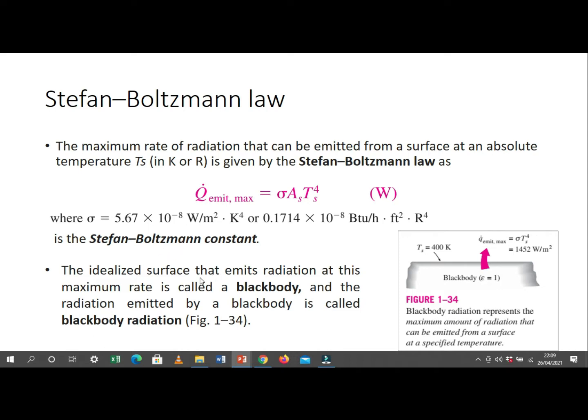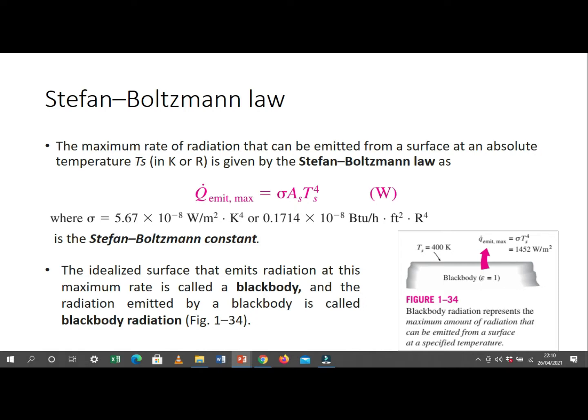The idealized surface that emits radiation at the maximum rate is called the black body, and the radiation emitted by the black body is called black body radiation. The same Stefan-Boltzmann law can be applied to this black body. This black body has an emissivity equal to 1. It means that it has the maximum emissivity.